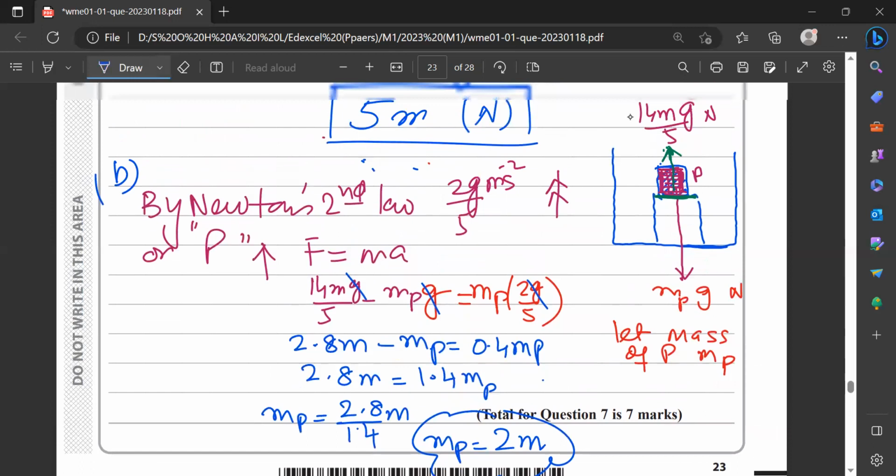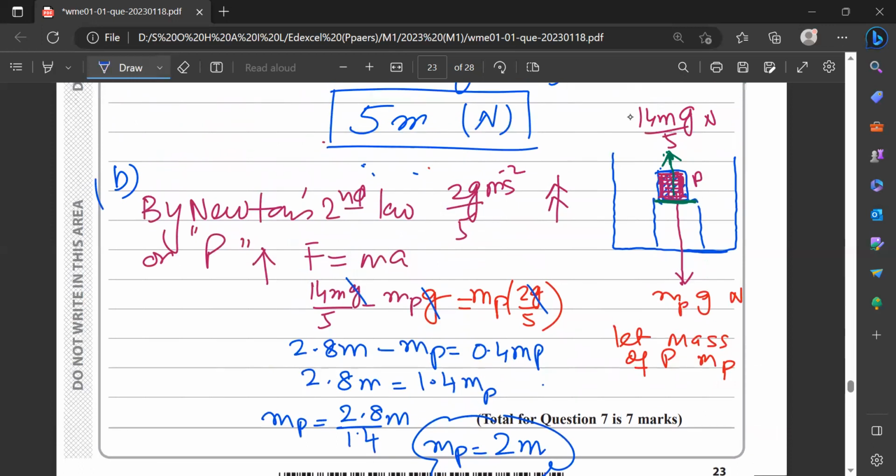So this part was the forces acting, the force exerted on P by Q. This was Q. The force exerted on P is 14mg over 5. The weight of this P block, let this be mp, then the weight would be mp multiplied by g. Again, this whole situation is moving upward with some acceleration.